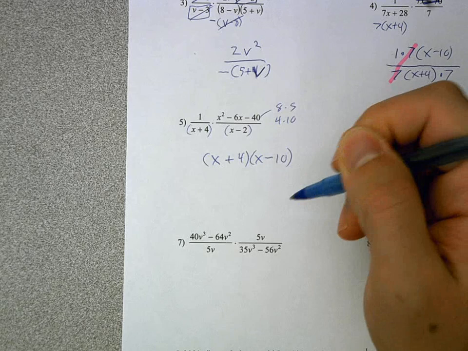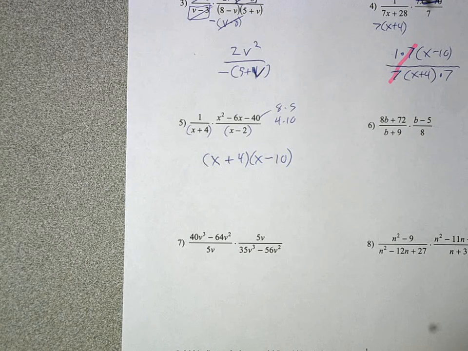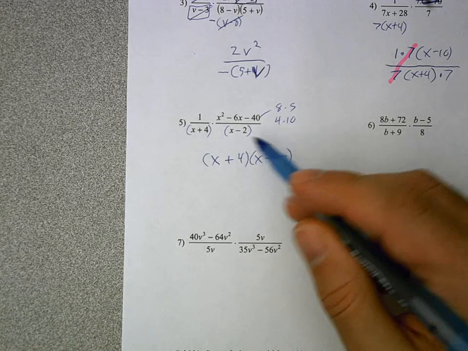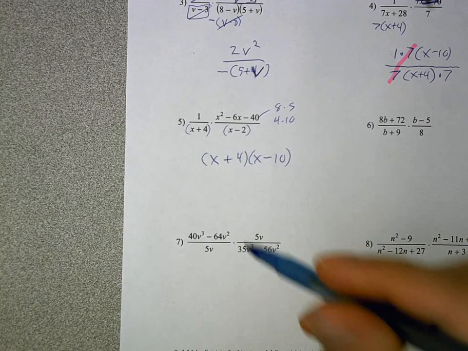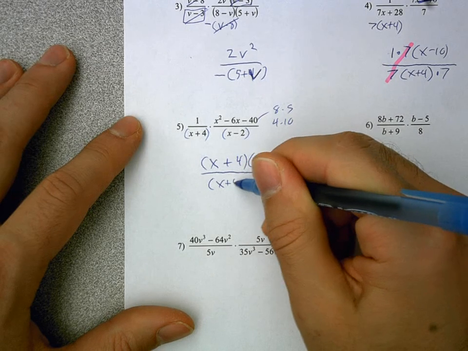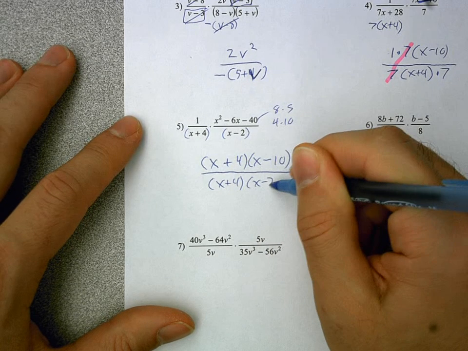All right. Do we all agree with that? We good? I think so. 4 times negative 10 makes negative 40. 4x minus 10x makes negative 6x. All over, you have that x plus 4 and the x minus 2.